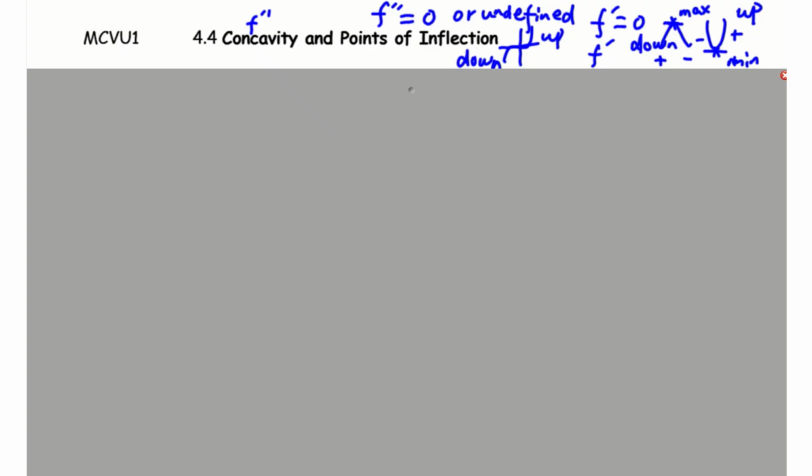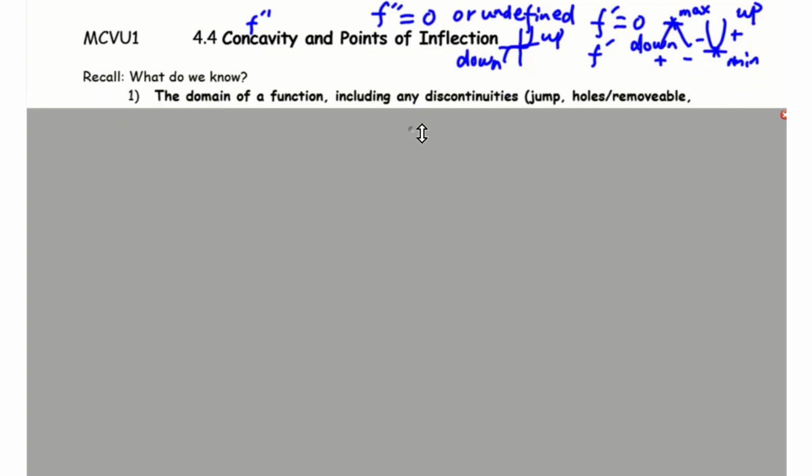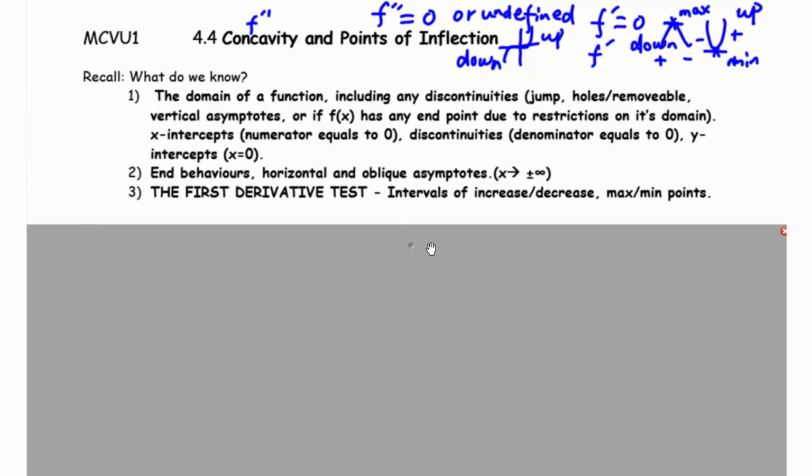So now we are going to recall what we have known up to now. From grade 11 and 12 functions, advanced functions, we know how to find the domain of a function, and we know how to find the discontinuities, holes, removable discontinuities, and vertical asymptotes, and also any other restrictions for the domain.